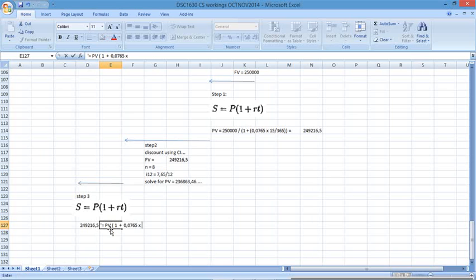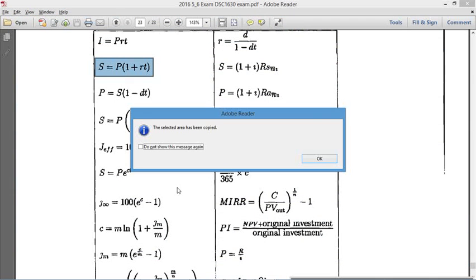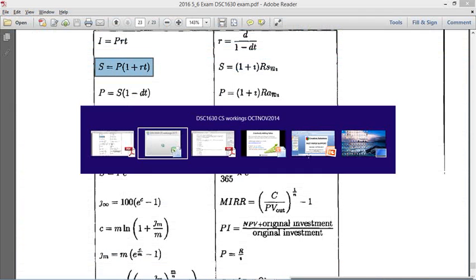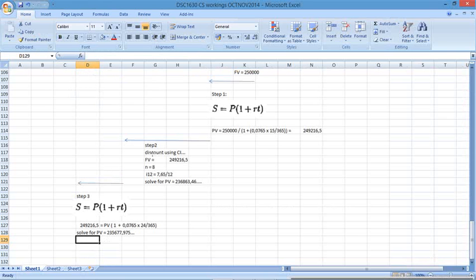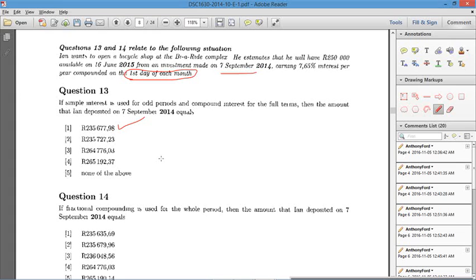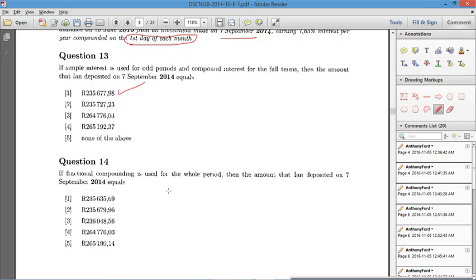So it was 24 days over 365. Solve for PV. And the PV that you get for this question is 235,677.975, 235,667, exact. Option number 1 for question number 13.